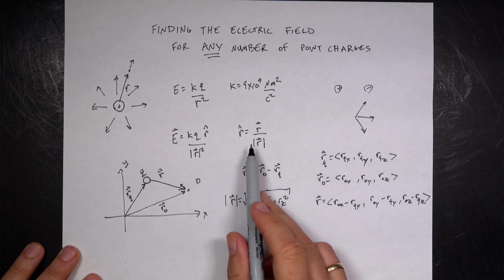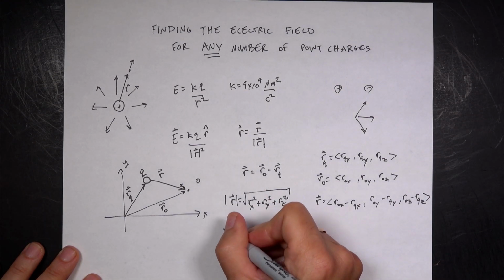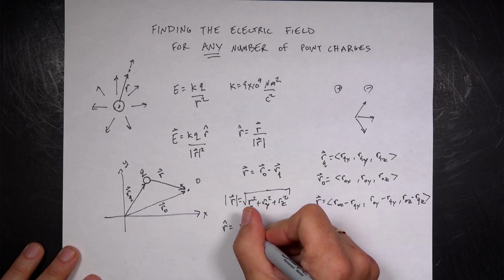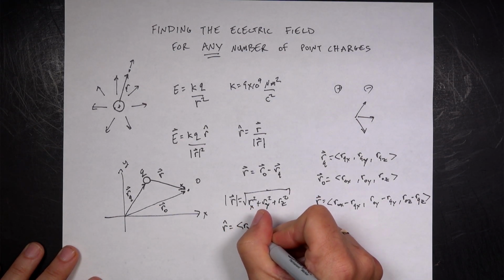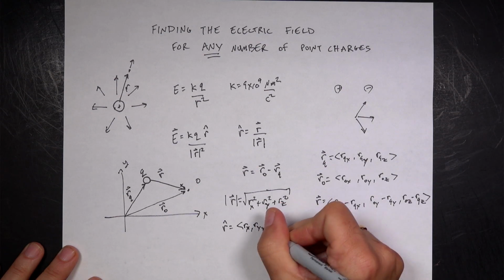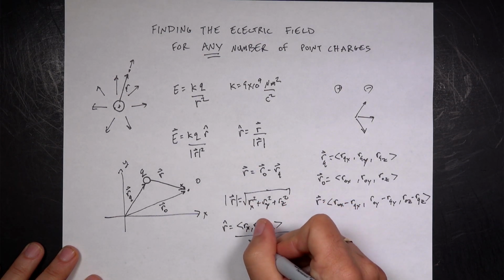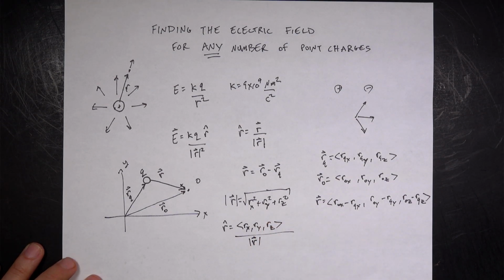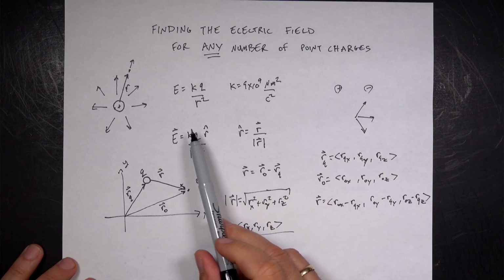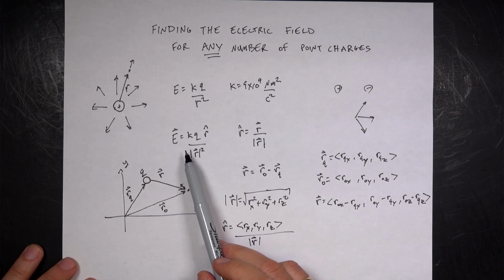And then I need to find the unit vector r hat. That's going to be the vector rx, ry, rz divided by the magnitude, which I'll just write as the magnitude of r. Once I do that, all I have to do is plug everything in this equation and I'm actually done.